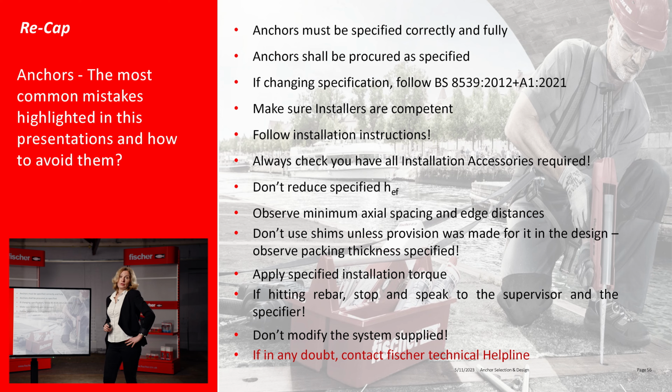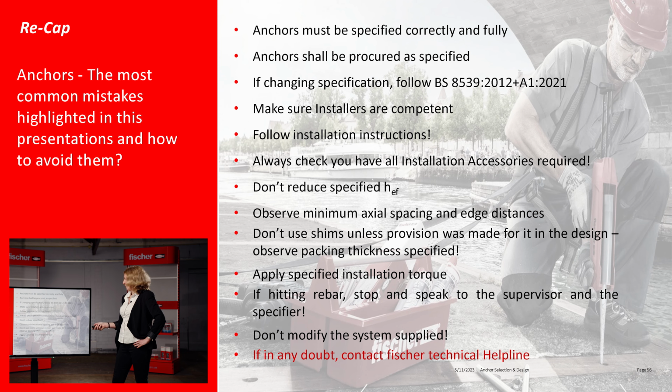Follow installation instructions. Always check you have correct installation tool and installation accessories. Don't reduce edge effective. Always observe the minimum allowable axial and edge distances. Don't use shims unless provision was made for it in a design.